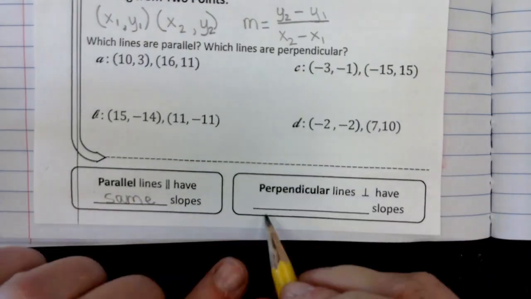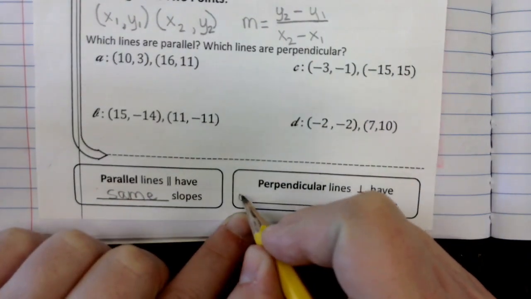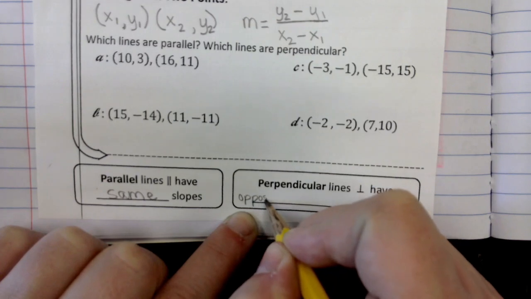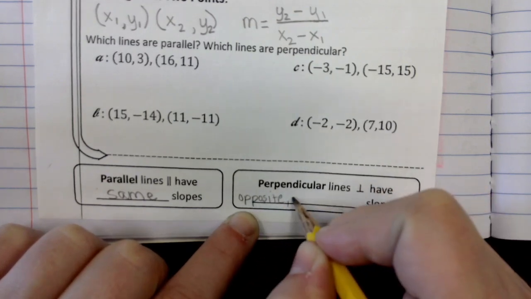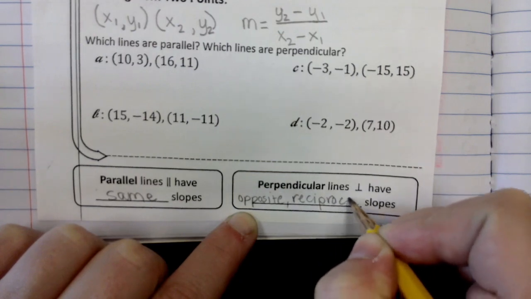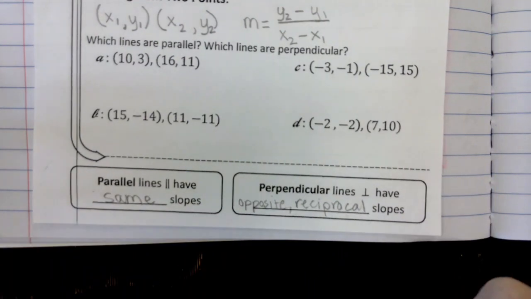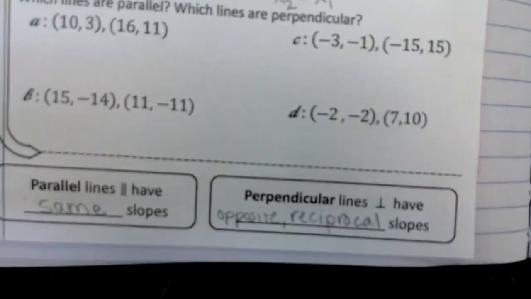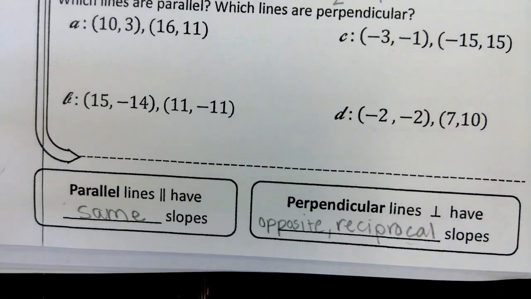Have opposite reciprocal slopes. So as we find these slopes and we compare them, those are the things we're looking for. Either we're looking for 2 slopes that are the same, or we're looking for slopes that are perpendicular reciprocal. So one's positive, one's negative, and they're flipped.